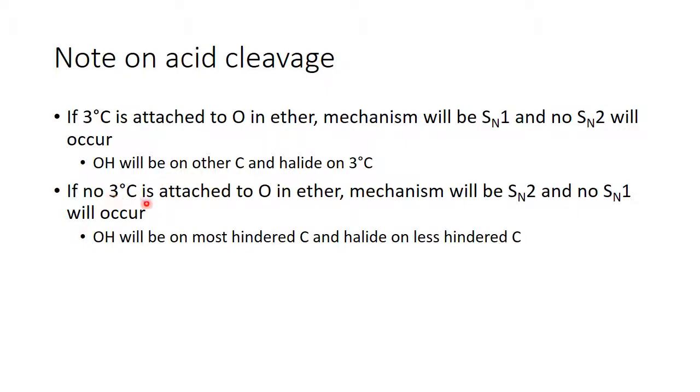But if there's no tertiary carbon, the mechanism is SN2 and the halide ends up on the less hindered carbon. That's like what we saw in the previous slide. We saw SN2 occurred because SN1 could not occur. There was no tertiary carbon on the oxygen.